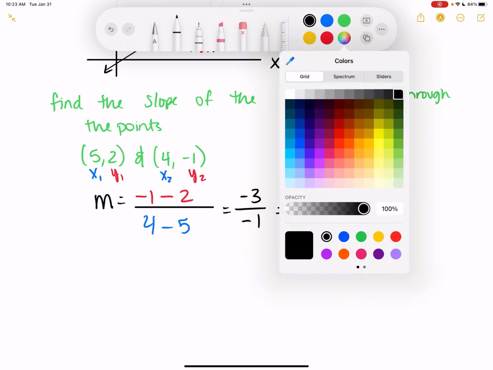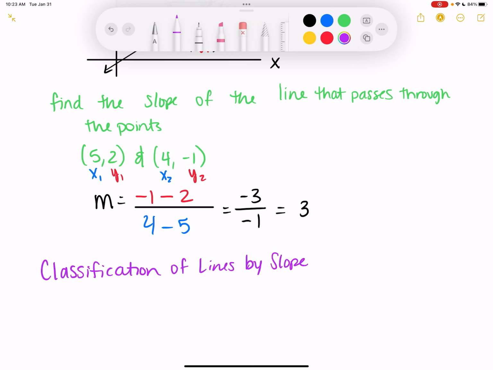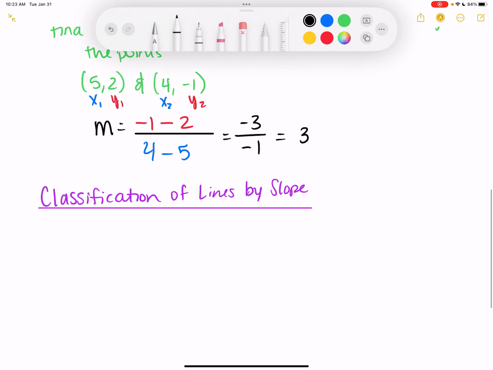All right, so next we're going to look at the classification of slopes, or classification of lines by slopes. So I'm going to set up 4 graphs here, and then I'll write underneath each of them what they are.